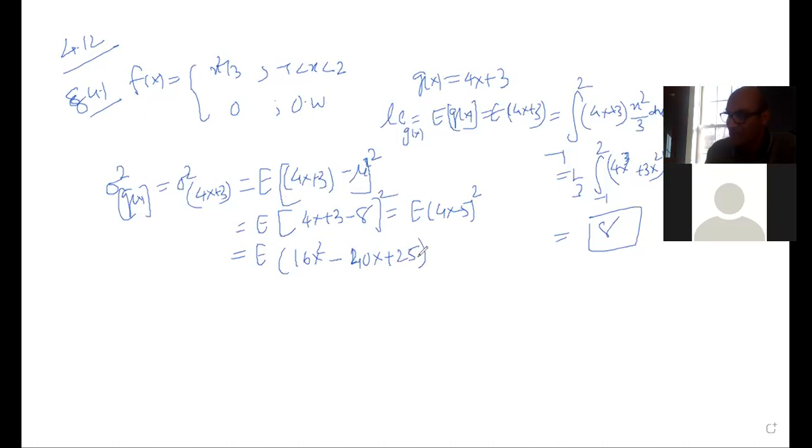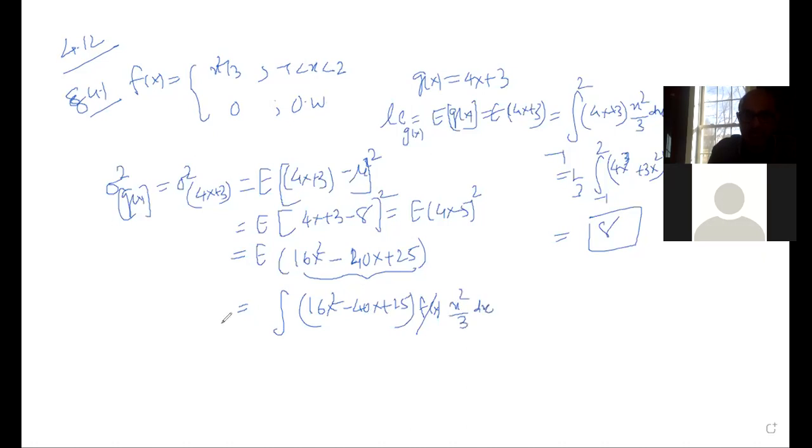So by definition, I can write that is equal to the integration of (16x square minus 40x plus 25) times f(x), and this f(x) is nothing but x square by 3, so x square by 3 dx, and the range of integration is x equal to negative 1 to 2. This can be written as, first of all, 1 by 3 out.